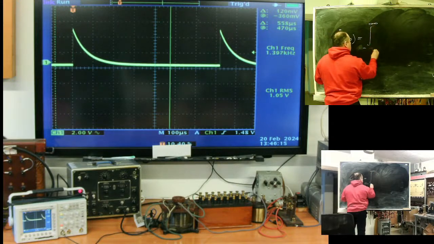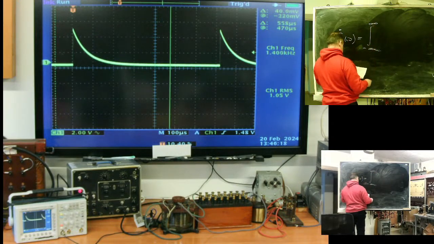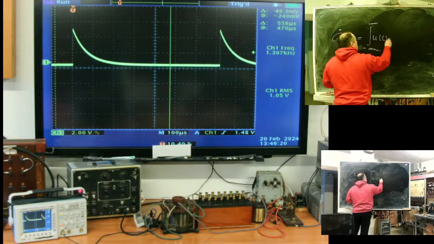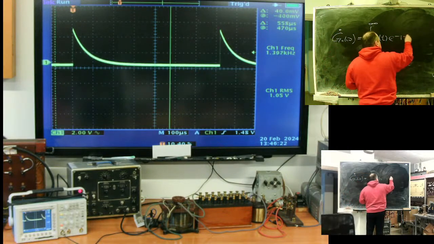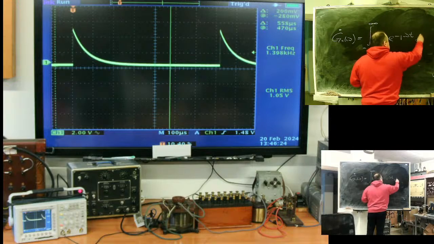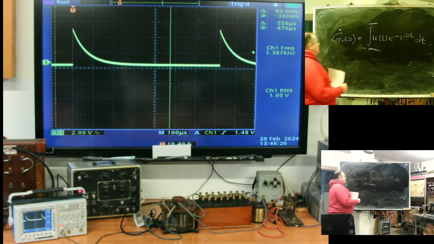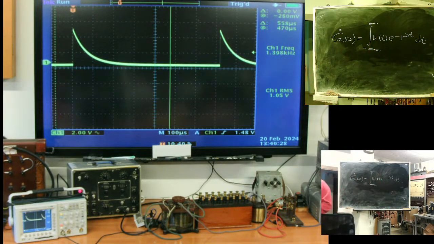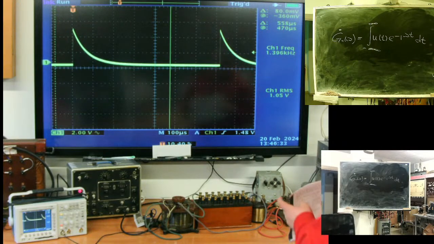Integral from minus infinity to infinity of my pulse, e to the power minus j omega t. The name for this is spectral function. It's a complex function of the frequency.